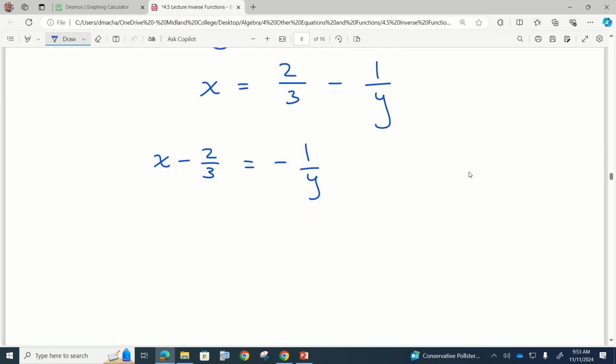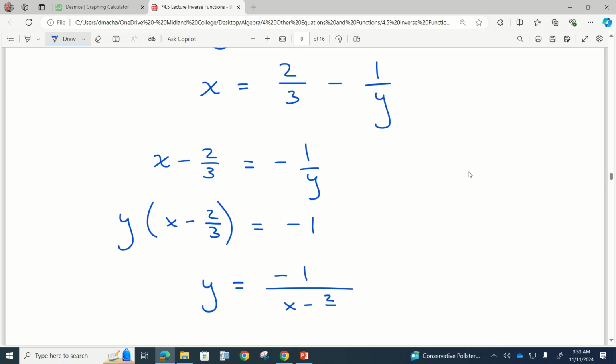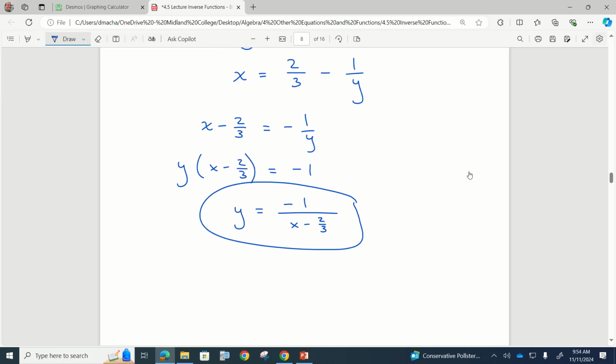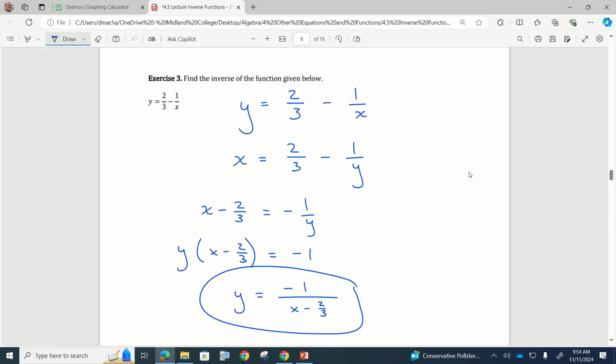And then I'm going to go ahead and multiply both sides times y. And then I'm going to divide both sides by x minus 2/3. That's it. That's your inverse.